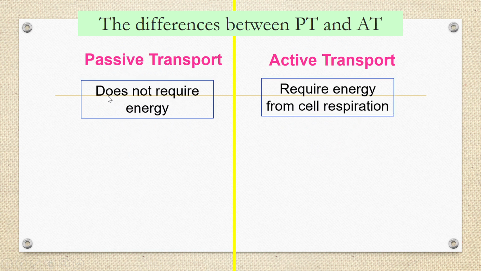Yes, first and foremost, please do not forget to mention the first point, that passive transport does not require energy, but that active transport requires energy in the form of ATP. ATP, energy that is readily available to be used. Okay, the first point, can?